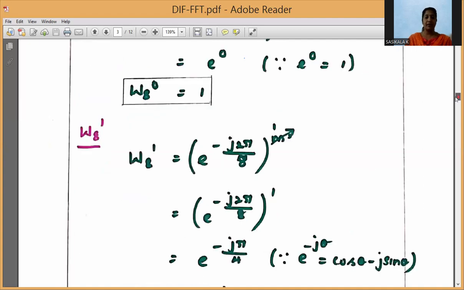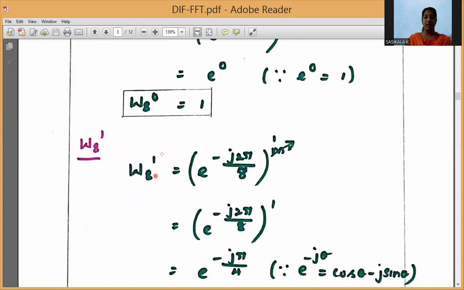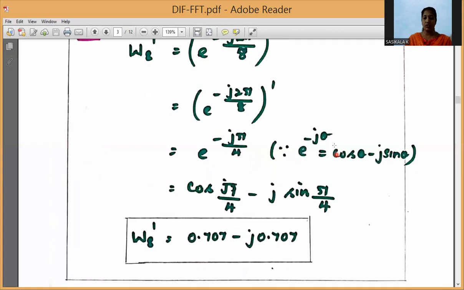The second twiddle factor is W base 8 power 1. We know the formula e power minus j 2 pi by N, the whole power m. Here the N value is 8 and m value is 1. So e power minus j 2 pi by 8, and this 2 and 8 cancel and I'll be getting 1 by 4. So it becomes e power minus j pi by 4. We know that e power minus j theta is equal to cos theta minus j sin theta. Here my theta value is pi by 4.